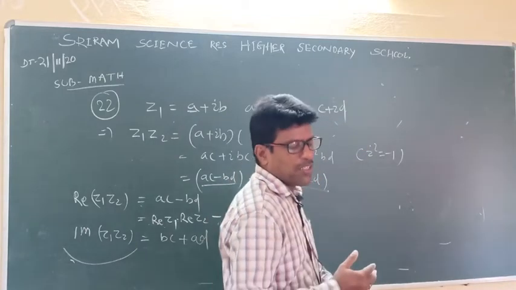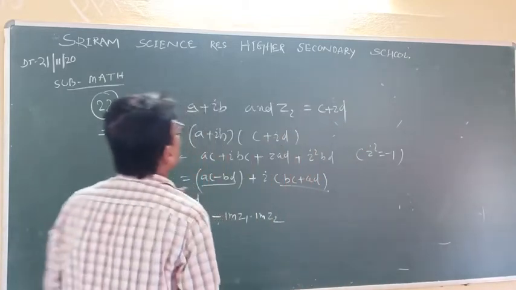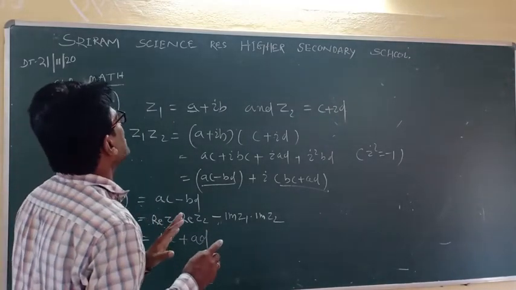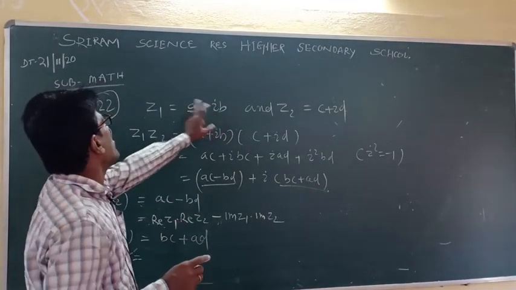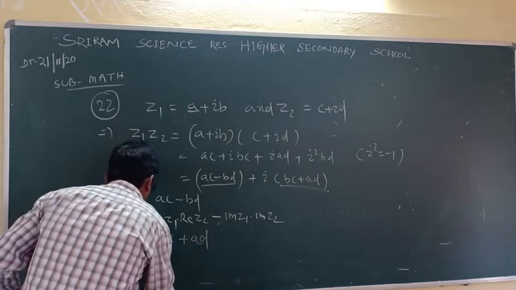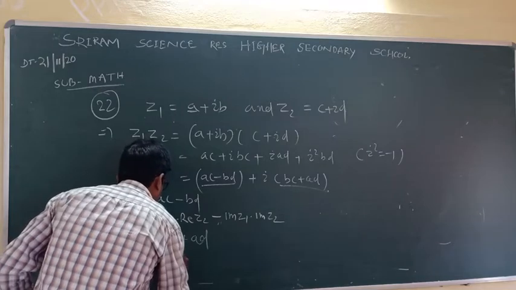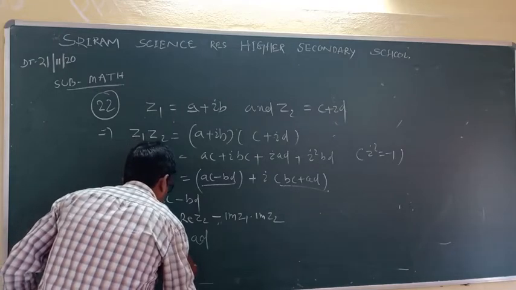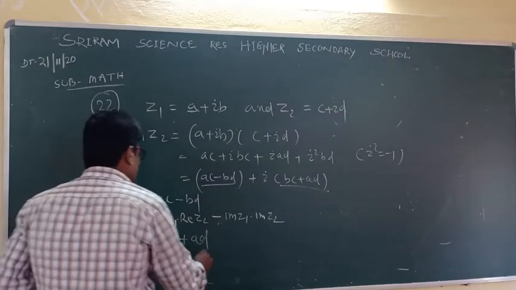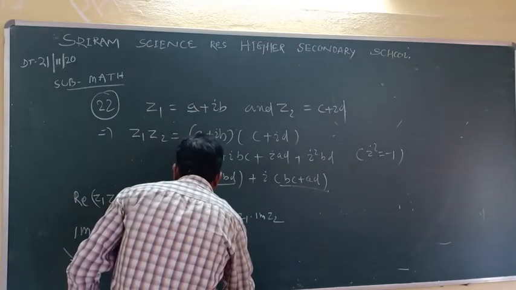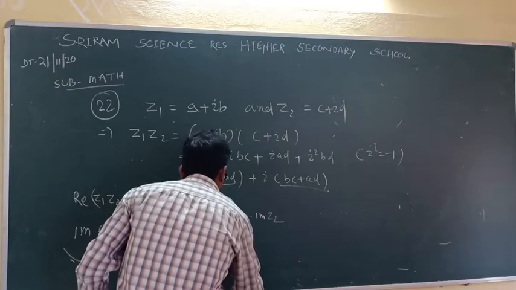In your books the wrong answer is given. It is actually bc plus ad. b is the imaginary part of z1, Im of z1, c is the real part of z2, where a is the real part of z1 and d is the imaginary part of z2.